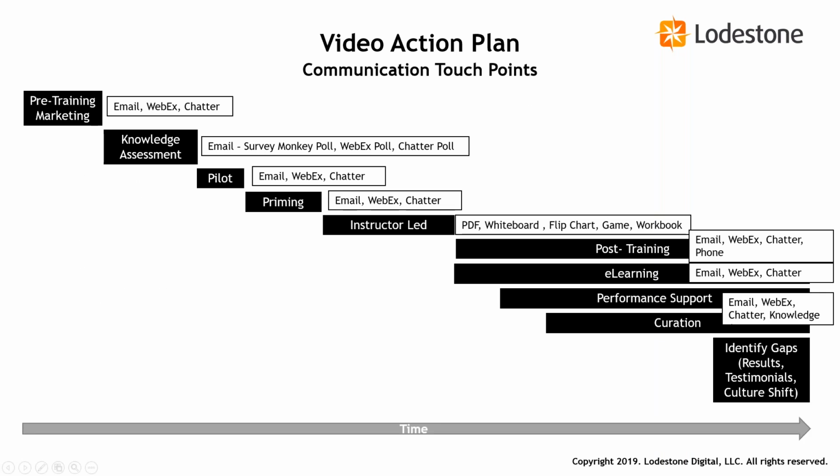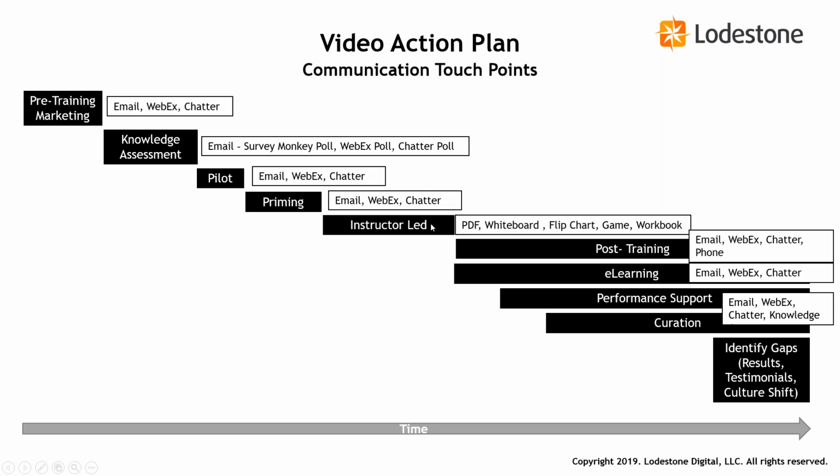So we're going to go back to our video action plan. And again, the items that are in black are the touch points for the student. And then the items that are in white are the specific channels that can be used during that touch point. So for instance, during pre-training marketing, where we're building awareness of the training program, we could be using email, WebEx, Chatter to get our links out for these pre-training marketing videos.